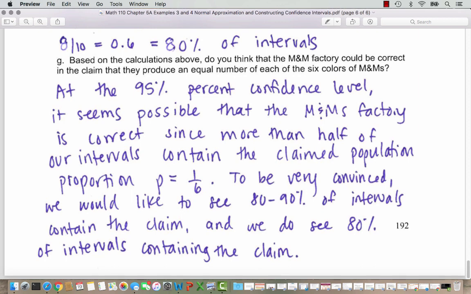To be very convinced, we would like to see 80% to 90% of the intervals contain the claim. And here we do see 80% of the intervals containing the claim. So it does seem possible that the proportion of M&Ms for each color really are equal, because in our data we see that 1 out of 6 of the M&Ms could reasonably be blue, because 80% of our intervals contain that as a possibility.